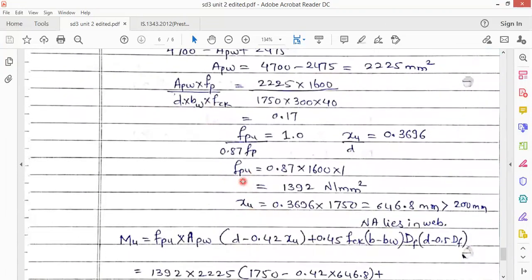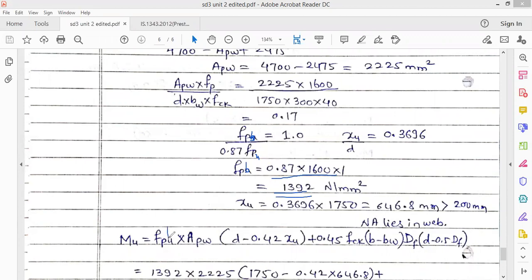Make this correction. So here it is FPB, right? It is FPB according to the new code. So FPB I will obtain. So this FPB is equal to 0.87 into 1600, FPU, right? So I have FPB value as 1392.